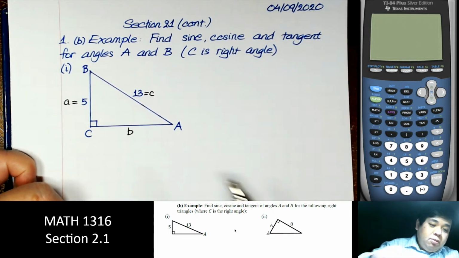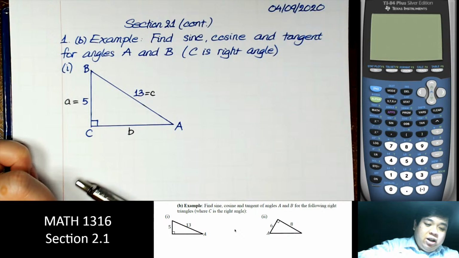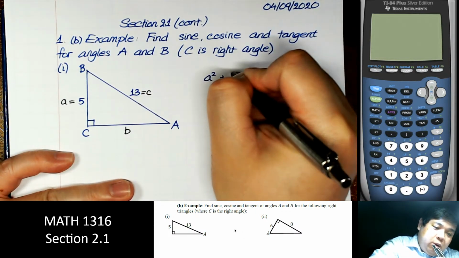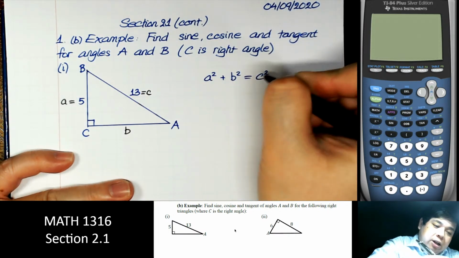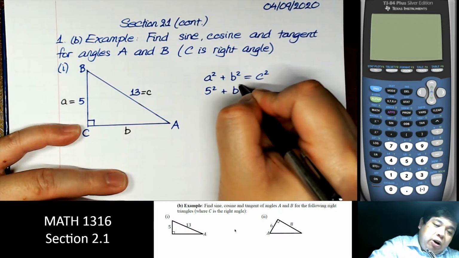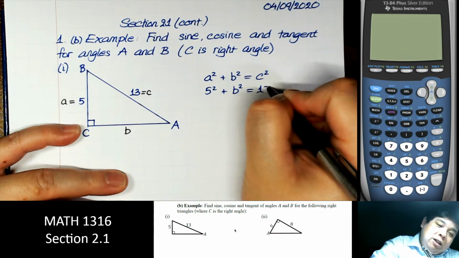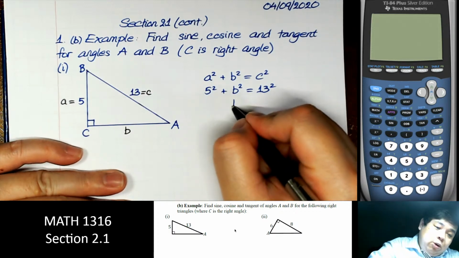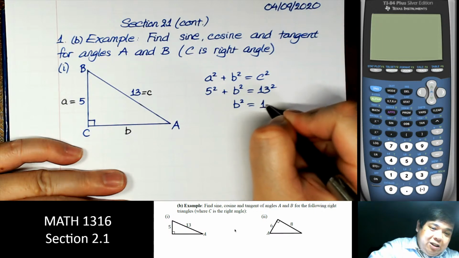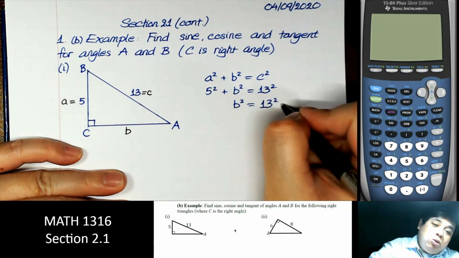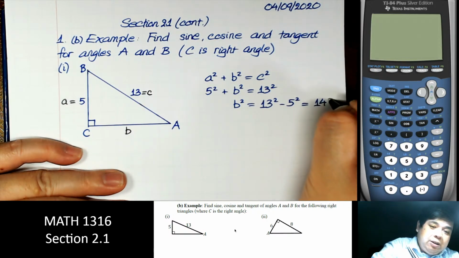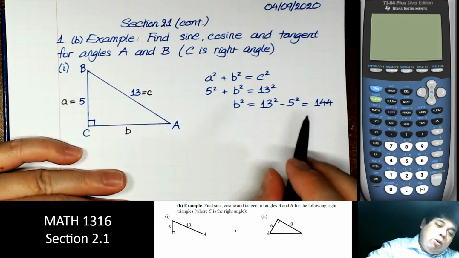And in this right triangle, 13 is the biggest one. So we'll have a squared plus b squared equal to c squared. a is 5, so 5 squared. b we don't know. c squared is 13 squared. 13 squared is 169, and 5 squared is 25, so that should be 144. So b squared is 144.